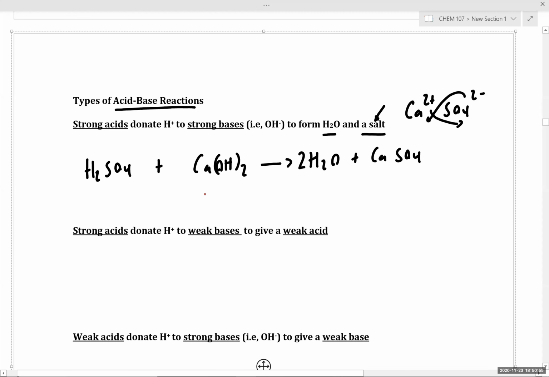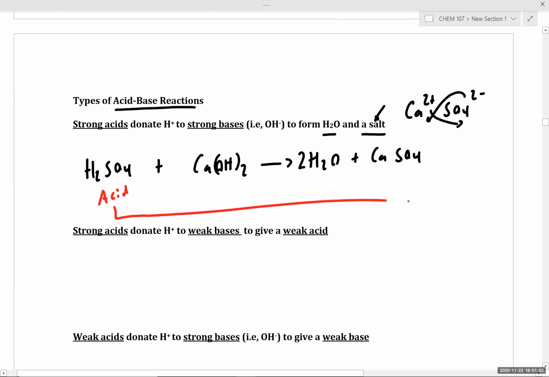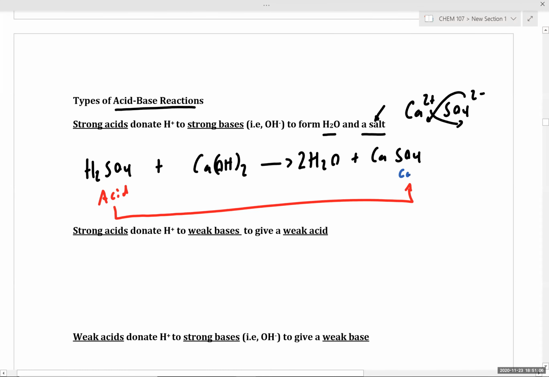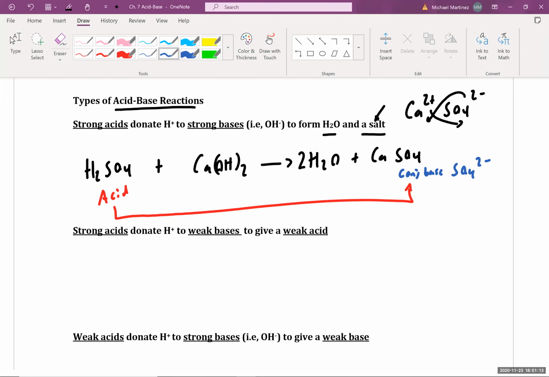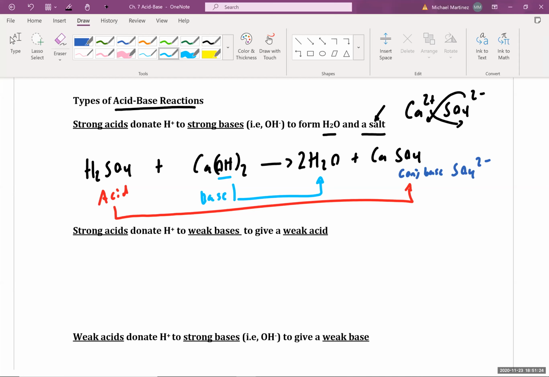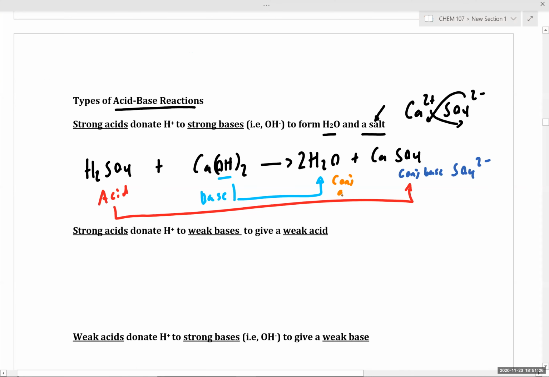So just to help everyone see what's going on here, sulfuric acid is our acid. It's reacting to make a salt, and this salt contains our conjugate base. Our conjugate base is sulfate. Our base in this case is calcium hydroxide, and calcium hydroxide has reacted to yield our conjugate acid, which is water.